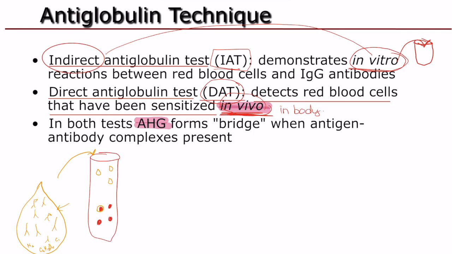So we're adding this plasma and it's mixing, and we incubate it and we do all those wonderful things, add enhancement media to make it react better. And so we want to see if any of those antibodies are specific to these red blood cells. And these are going to be IgG, typically, what we're looking for at this point in time.